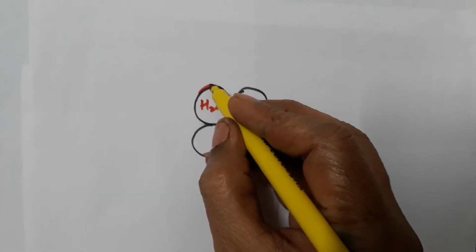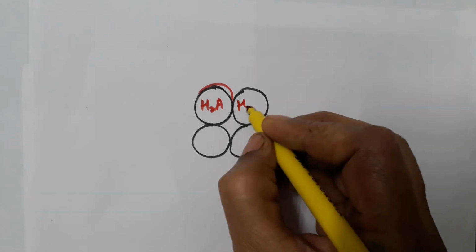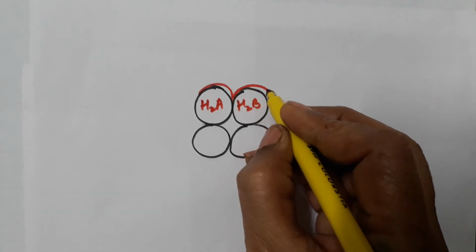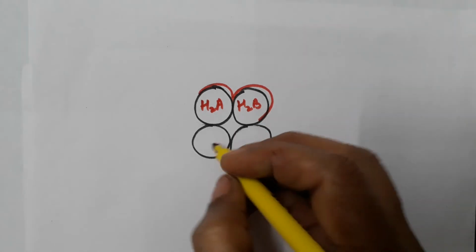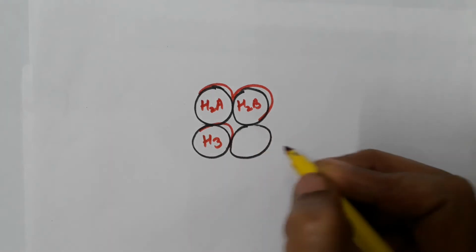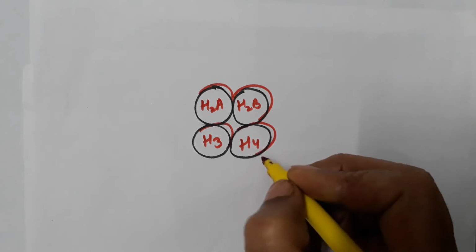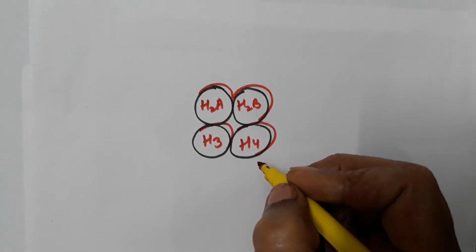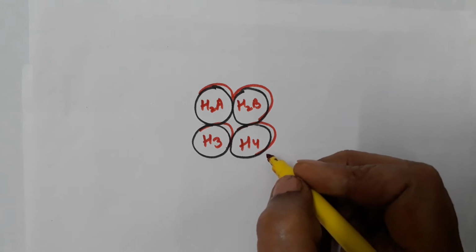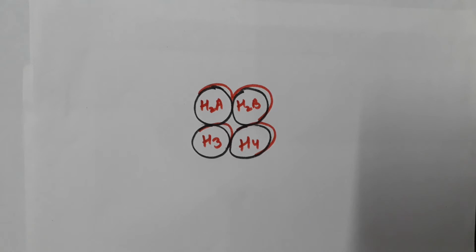This is a little behind, the second molecule of H2A. This is H2B, and behind this another molecule of H2B. This is H3, and another molecule of H3. This is H4, and another molecule of H4. In this way 8 histone protein molecules are present and constitute the histone octamer.